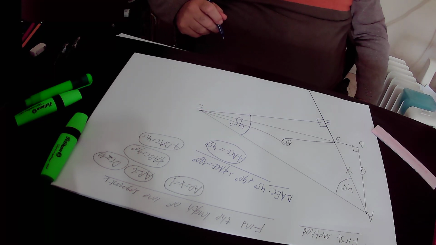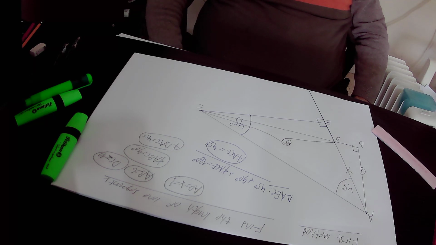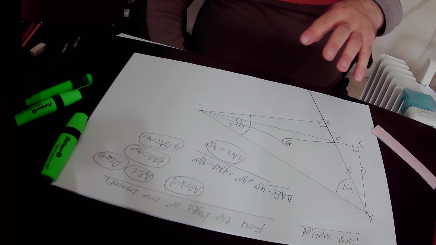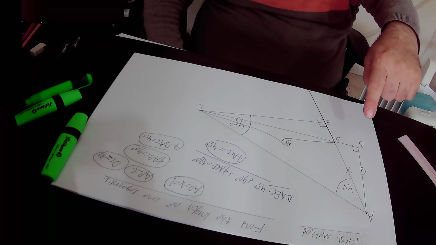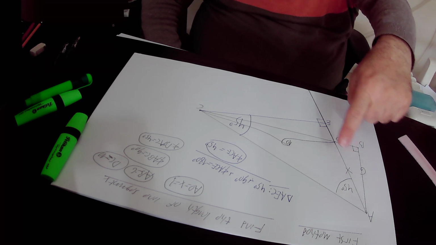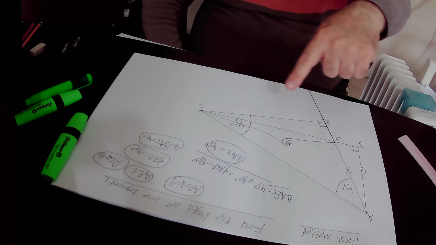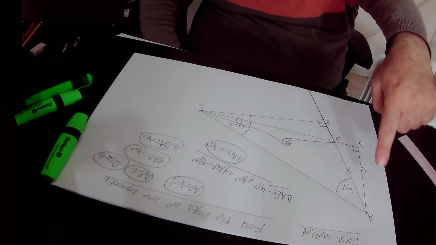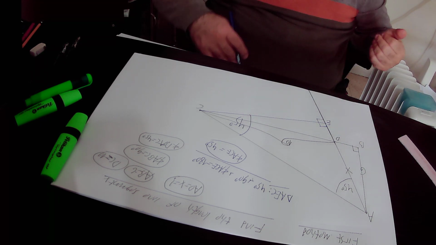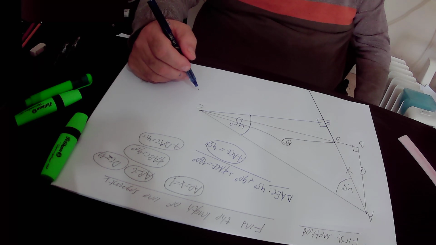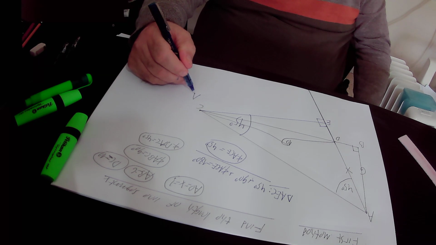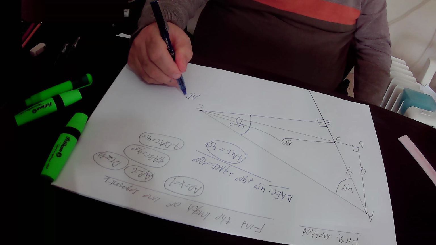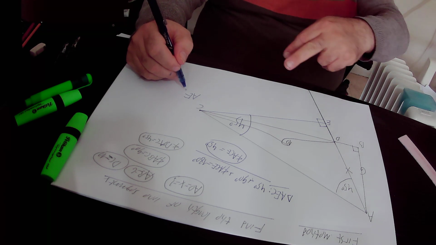And we also know that in a triangle, opposite equal angles there are equal sides. So opposite this angle we have side CE, and opposite this angle we have side AE. So those two sides must be equal to each other according to the rule that I mentioned. That is to say, AE must be equal to EC.